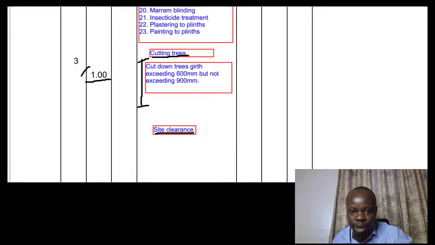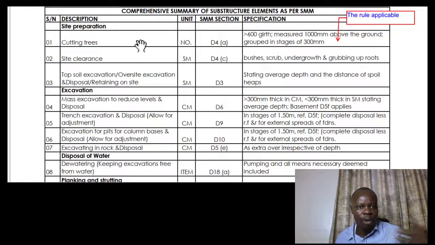It's important that we understand these terms so that moving on, we have an easier time when we are describing any other item, or when you find that now you don't have bushes but instead you have a house that is not supposed to be in that place. So how do you go about that?